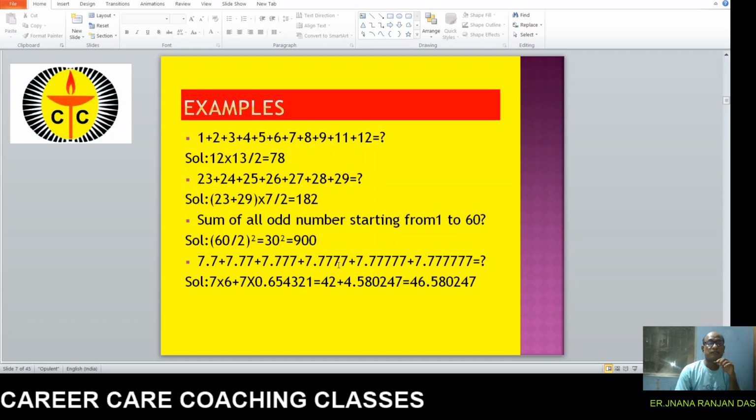So we take 7 common, and this becomes 0.1, 0.11, like this. This is the method we have already worked out. 7 into 0.654321, that is 42, plus 4.580247, that is 46.580247.